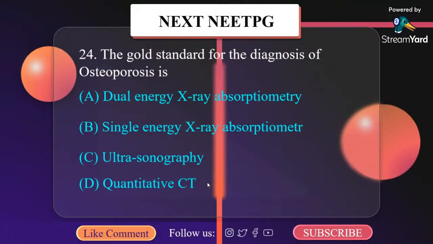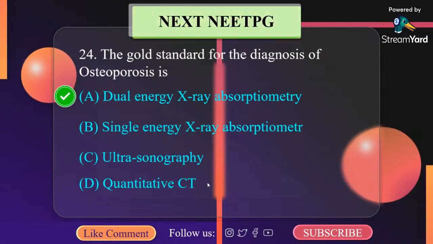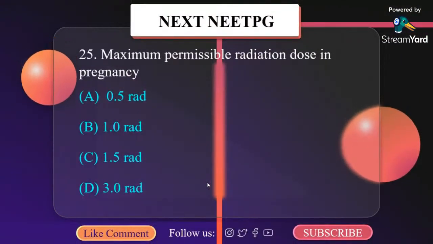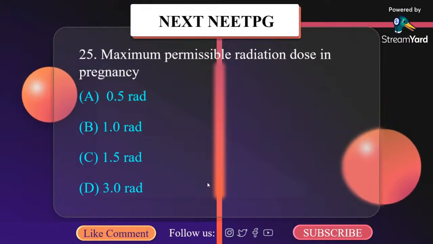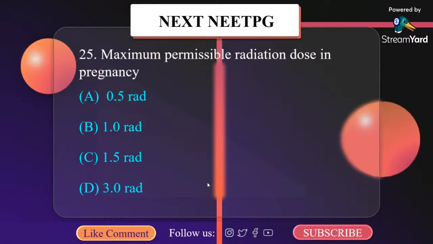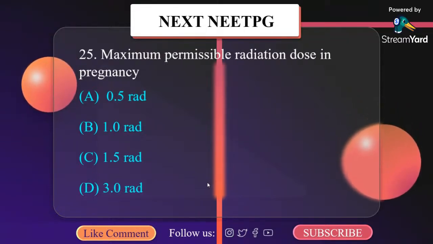The gold standard for diagnosis of osteoporosis is dual energy X-ray absorptiometry. Maximum permissible radiation dose in pregnancy is 0.5 rad.